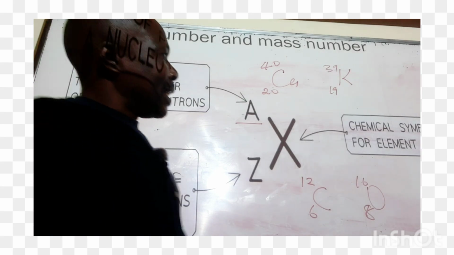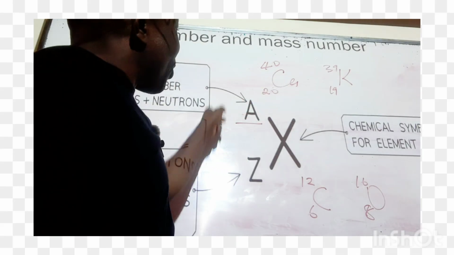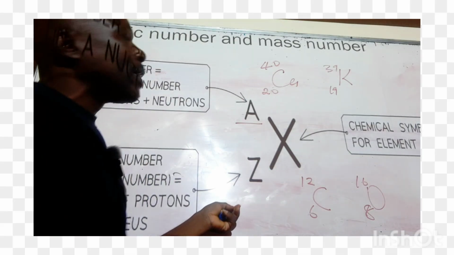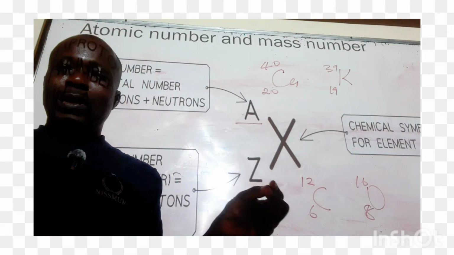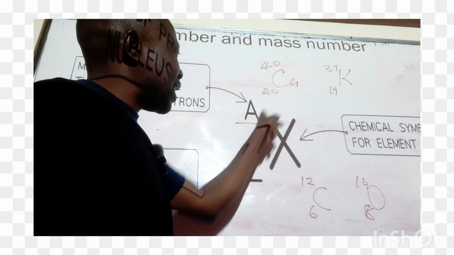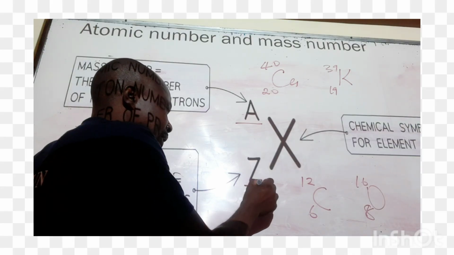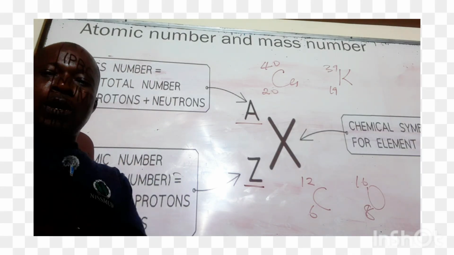Now, you can see here that we cannot use any symbol to determine the number of electrons. But note that since this species is a neutral species, the number of electrons is also equal to Z, which is the number of protons.